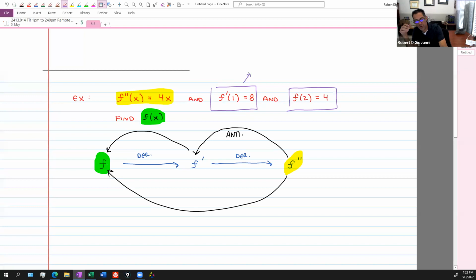I am giving you 1 point on the derivative, and I'm giving you 1 point on the original function f.